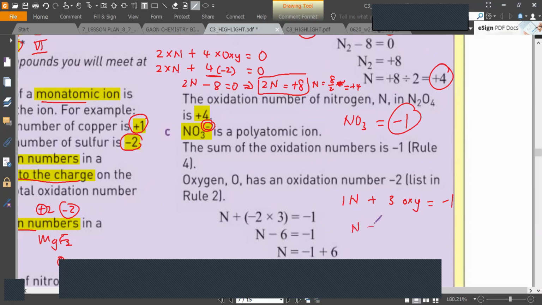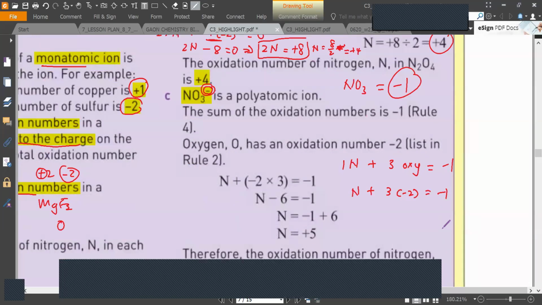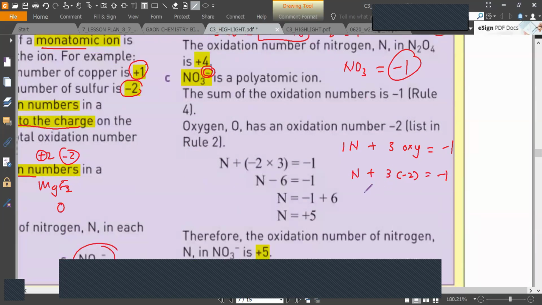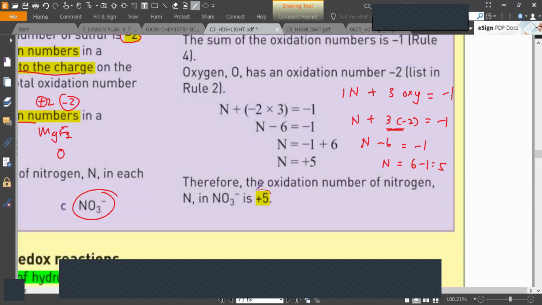So this nitrogen plus 3 oxygen, which is -2, equals -1. And then n, 3 multiply -2, minus 6, equals -1. N equals 6 minus 1 equals 5. So in this case, the oxidation state of nitrogen is +5.